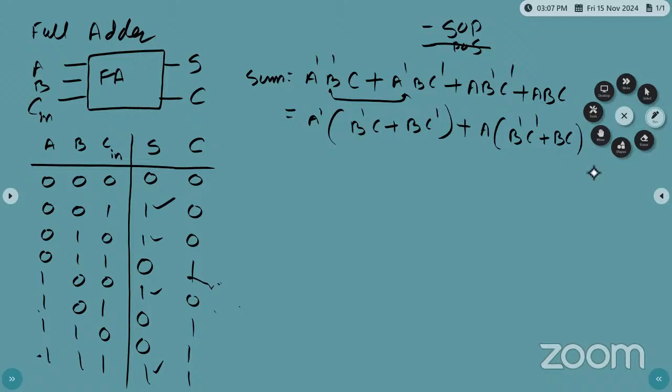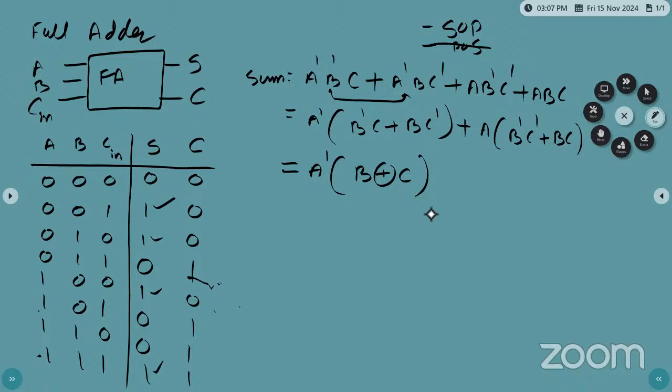Now you can write the simplified forms. A dash, B C dash, B dash C plus B C dash. What is the simplified expression? B plus... right?